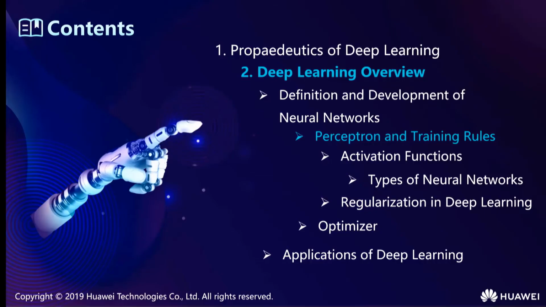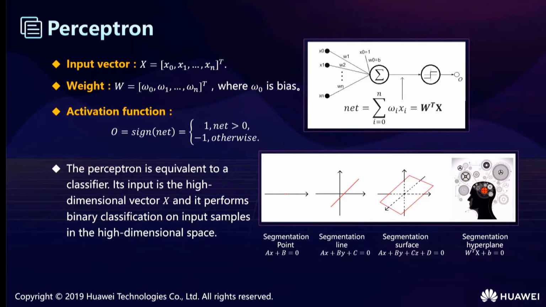As we all know, the simplest neural network is the perceptron. Let's see more details on it. We can see it has the input layer, and the input layer is our data, a vector. There are weights, and W0 is the bias.